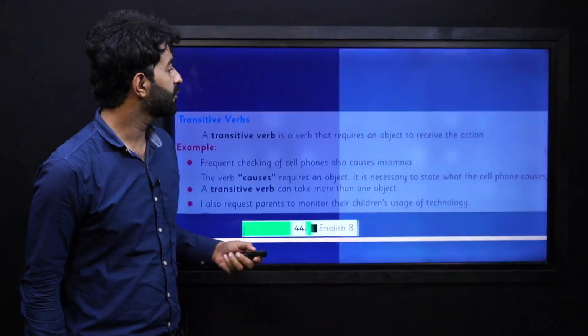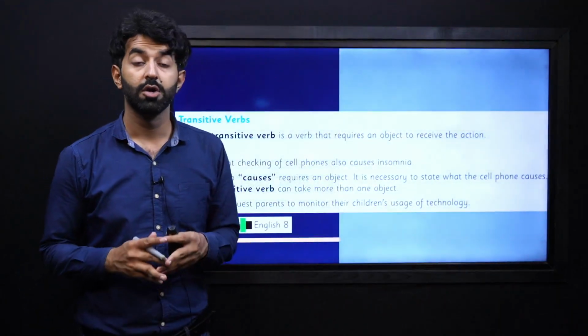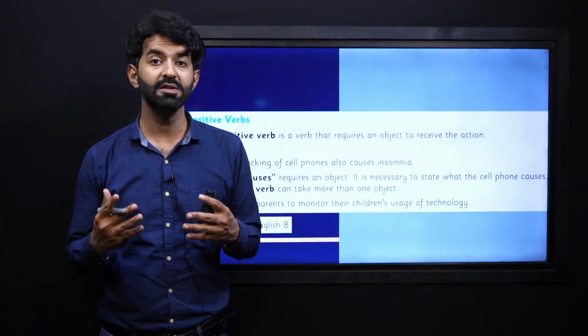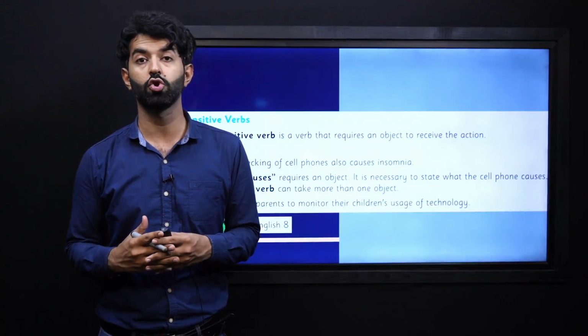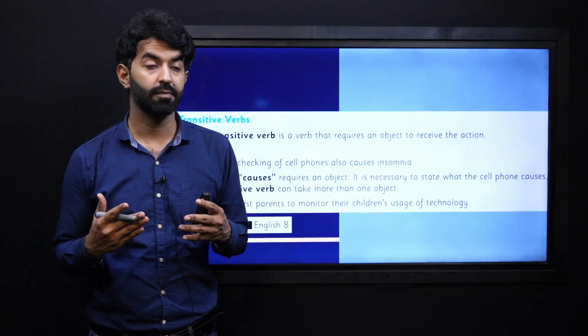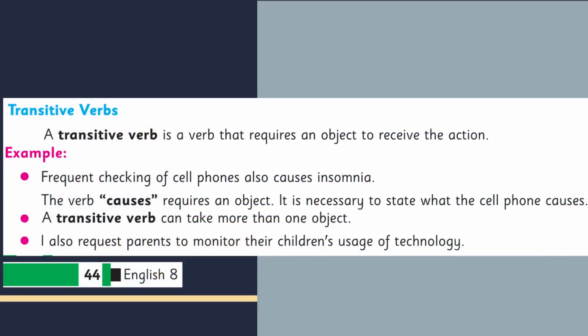Now, next one is our transitive verbs. Now, let's see what they are. Why do we need to learn them? Now, a transitive verb is a verb that requires an object to receive the action.